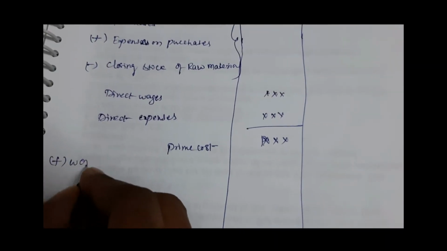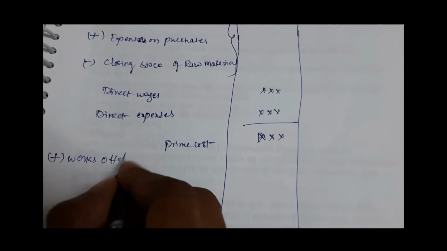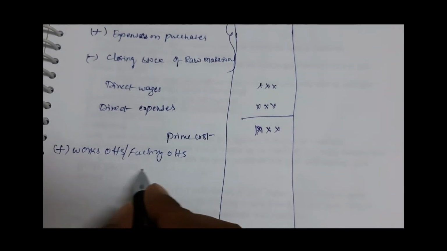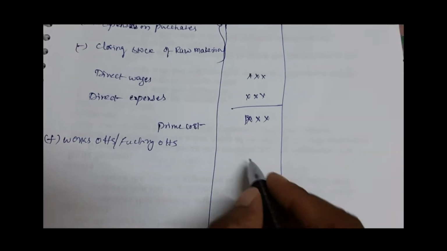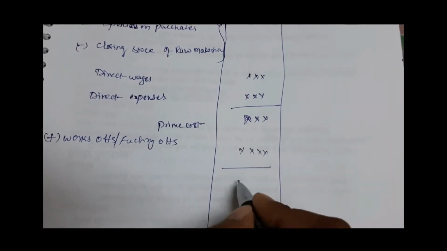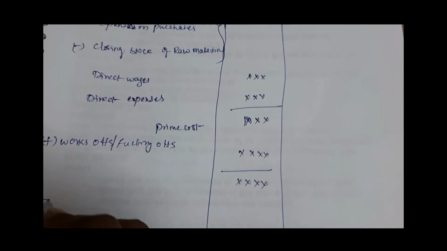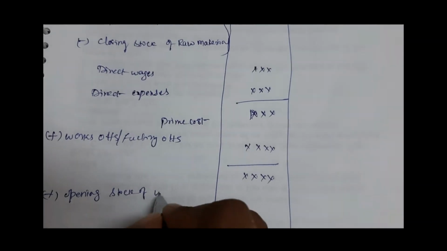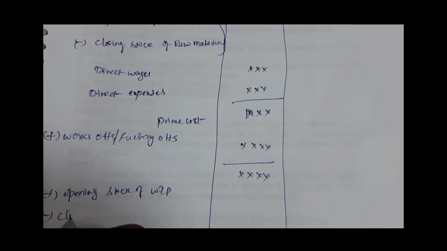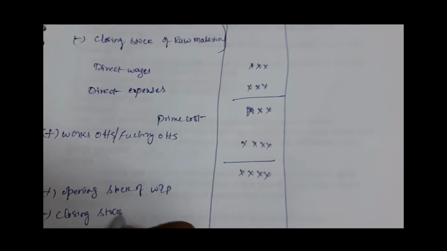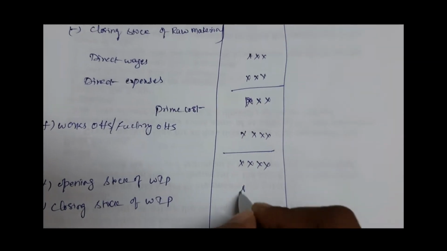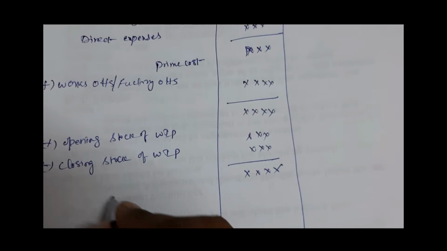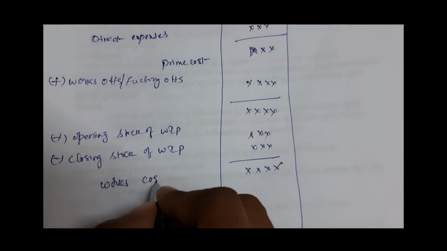To the prime cost we should add works overheads or factory overheads. So any kind of factory related expenses will be added to the prime cost. Then we should add opening stock of work in progress, and we should deduct closing stock of work in progress, so that we will get works cost.